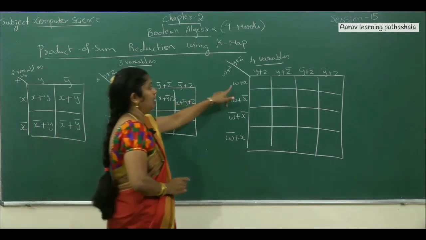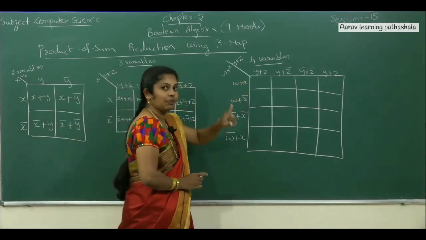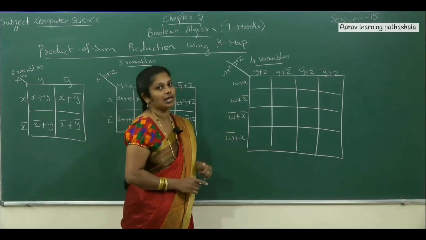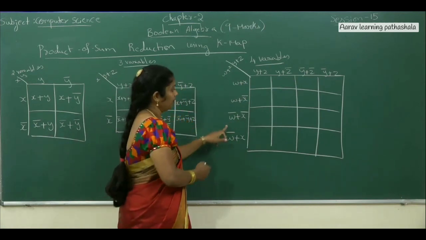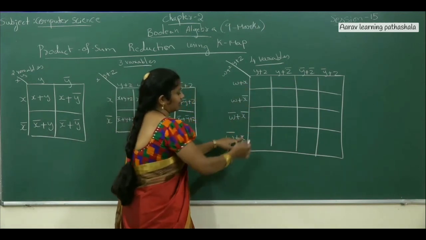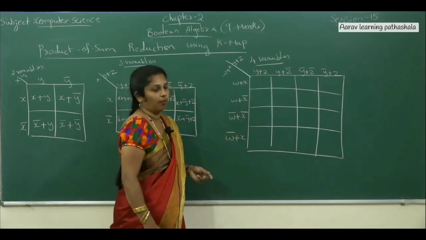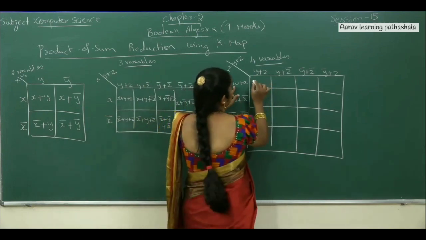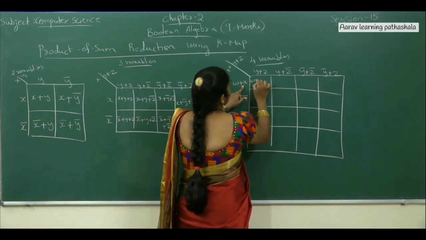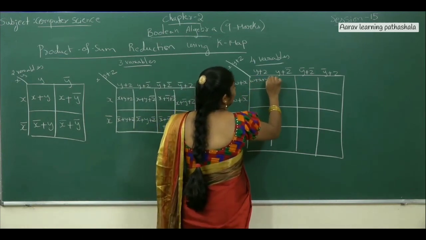If you have 4 variables, w, x, y, z, in min-term for the first 2 we wrote bar and for the last one we wrote bar. But for the Maxterm, the first and the last are non-complement, and the remaining are complemented. Now this cell represents w plus x plus y plus z.